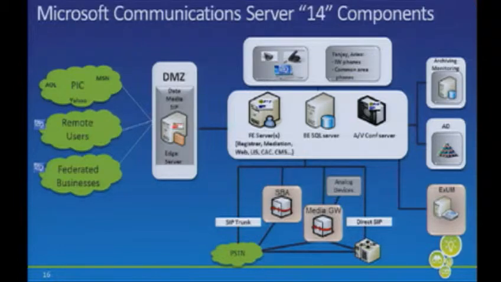It allows the federated business, anyone else running OCS or Communications Server 14, to come in through there as well. And this, what we call the PIC, the Public Internet Connectivity, is where we connect to those consumer-type IM engines. But as I mentioned with MSN, it's now not just IM presence, it's IM presence, audio, and video federation in there as well.